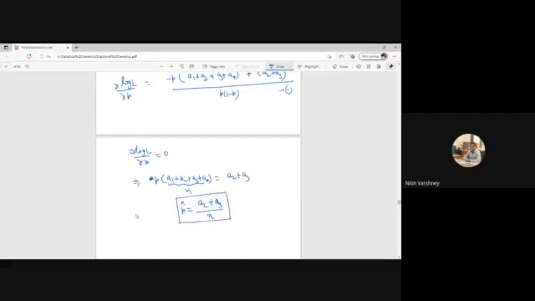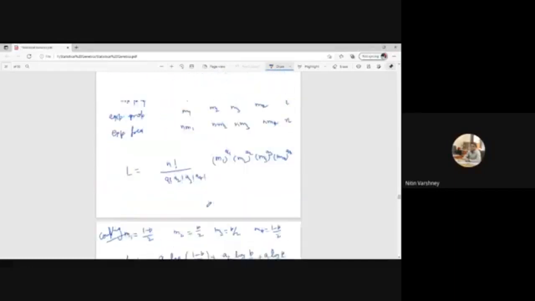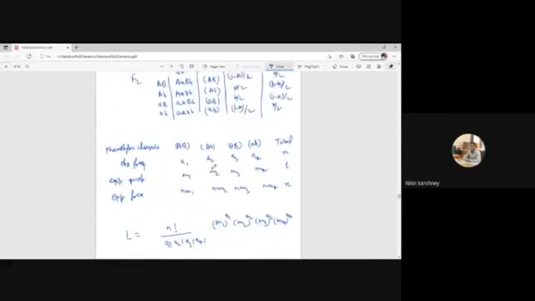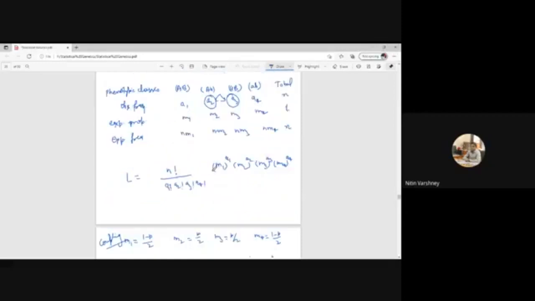Now you can check and tell me, what is p? p is the probability of what? Crossing over, sir. p is the probability of the recombinant type. So see here, a2 and a3 are recombinants in case of the coupling phase.